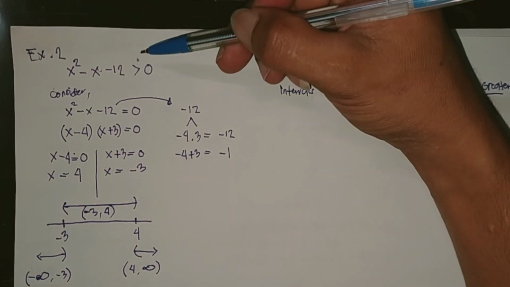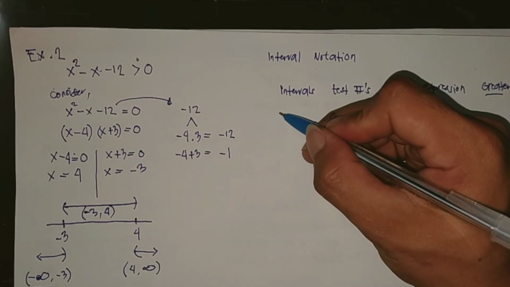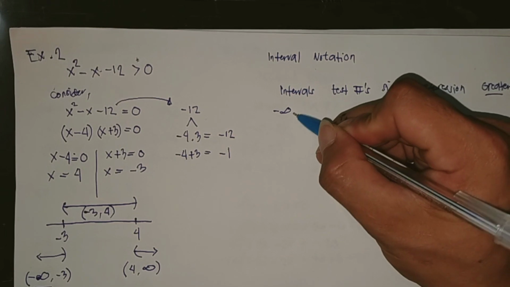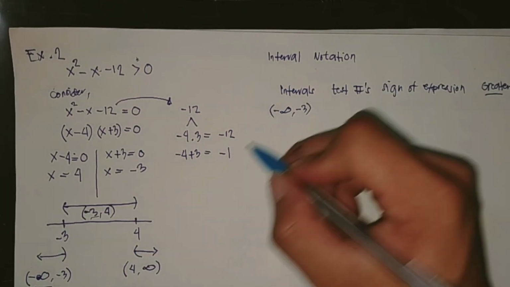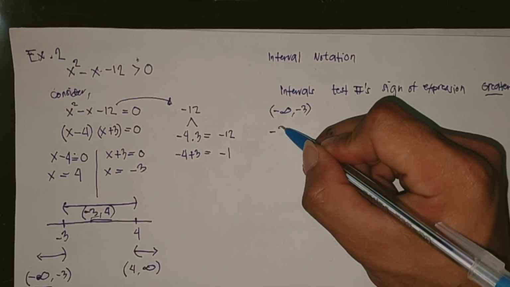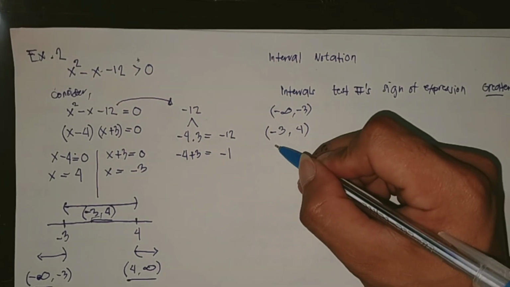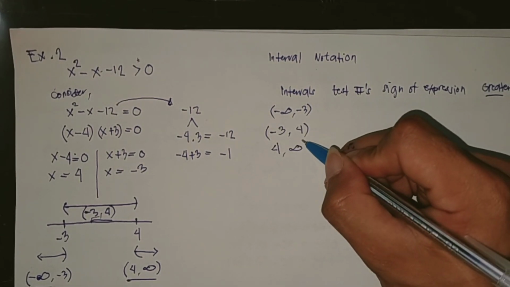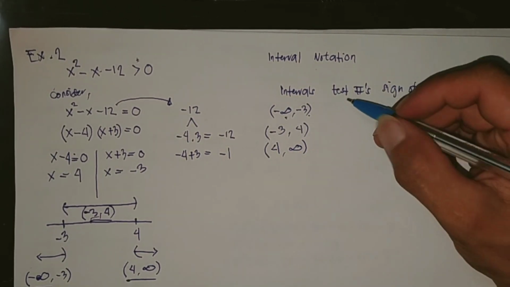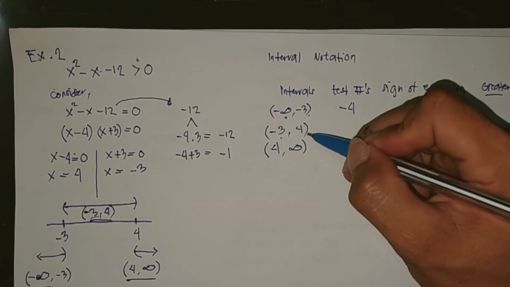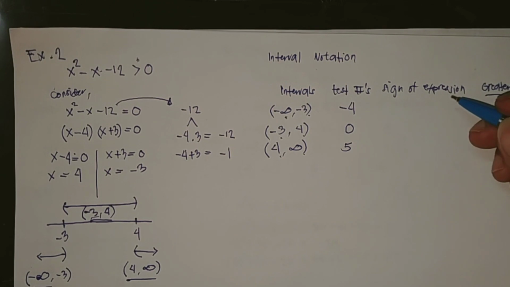Greater than 0 because our original problem is x squared minus x minus 12 greater than 0. So we have to write the intervals: negative infinity to negative 3, negative 3 to positive 4, and positive 4 to positive infinity. We will choose test numbers: negative 4 for the first, 0 for negative 3 to positive 4, and 5 for 4 to positive infinity.